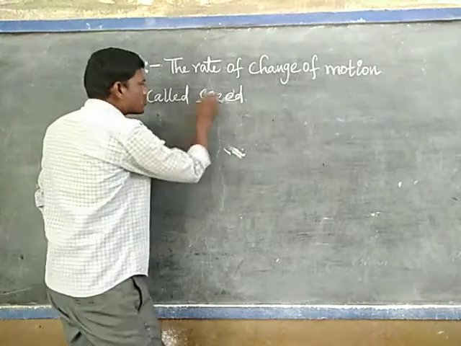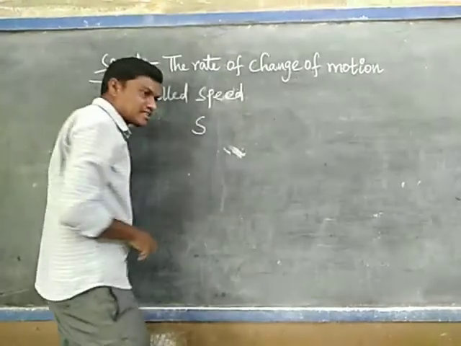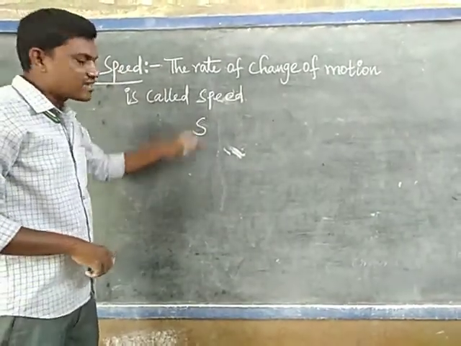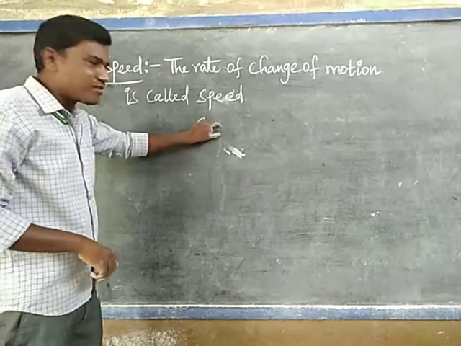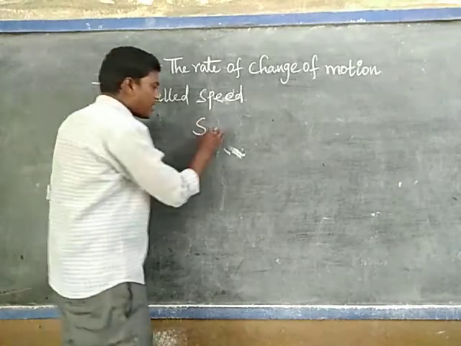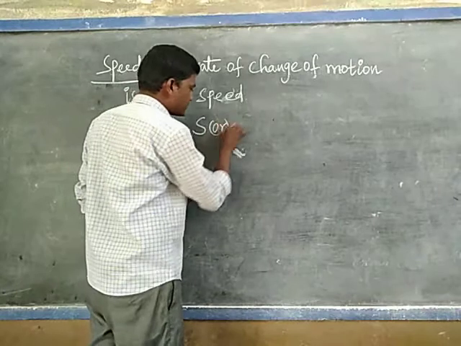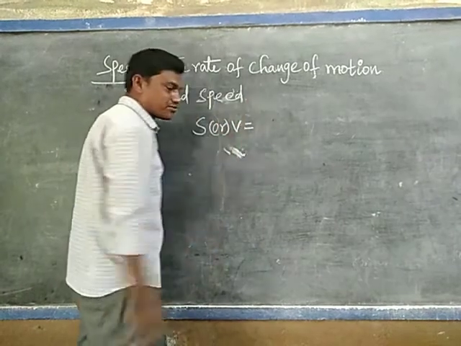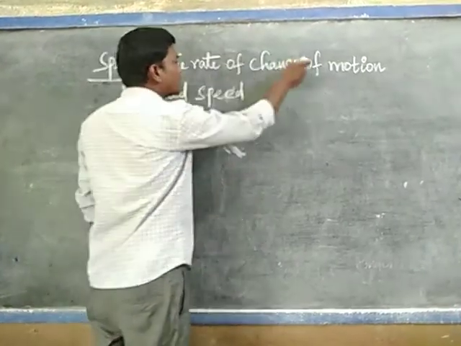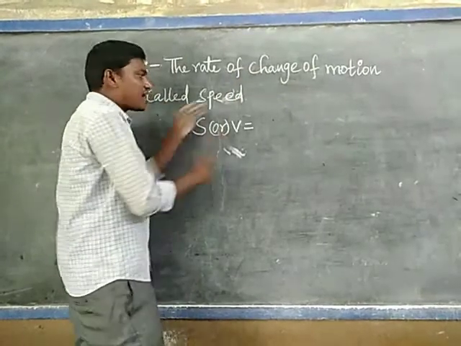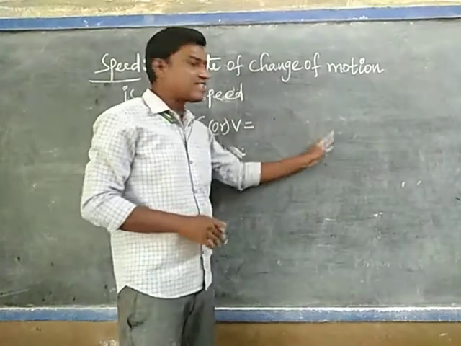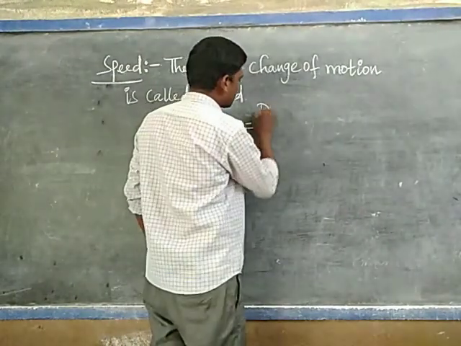Speed is represented by the symbol S, or in certain textbooks V, and it equals the distance traveled divided by the time.